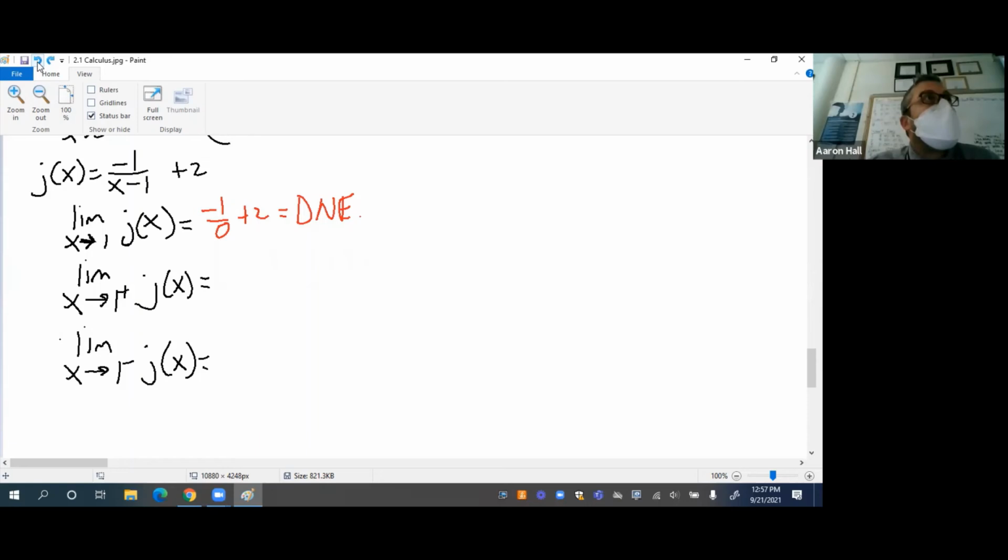Mariah, what does this plus after the 1 mean? We're approaching from the positive side, and this negative from the negative side. So which way is which? Here's my graph.